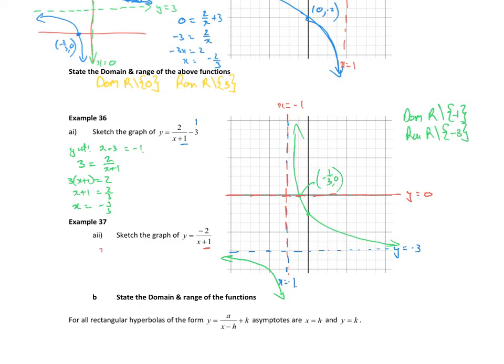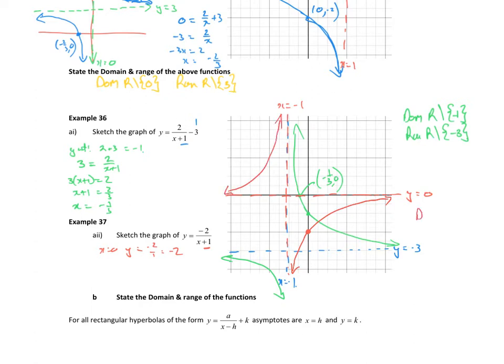Put x equal to 0, y is equal to -2 over 1, which is -2, which puts us at about here, we'll call that -2 this time. Since it's a negative hyperbola, we're in the bottom right and top left. So this time our graph works a little bit that way.